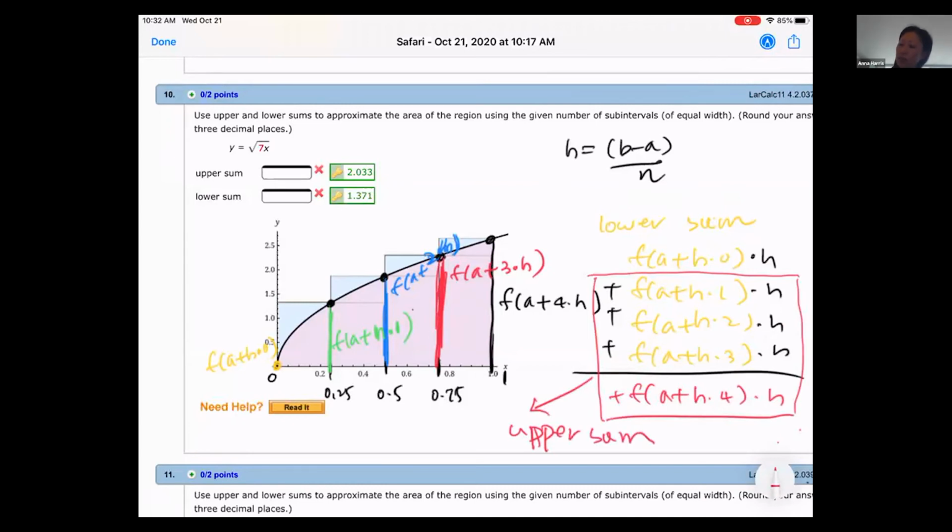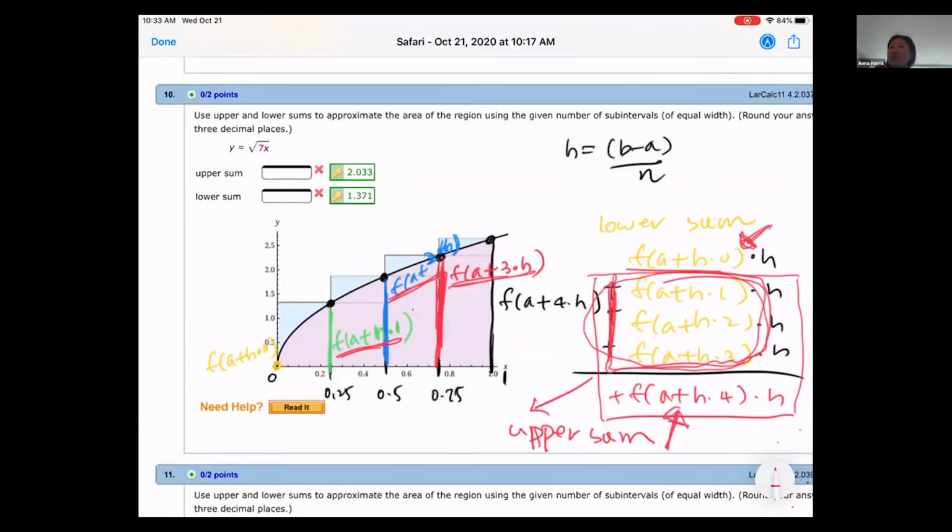So as you can see, this part, that part, and this part, these 3 parts are used in both the lower sum and the upper sum. These 3 are common, and you're going to use them because they're in the middle. So the lower sum has this plus the middle part. The upper sum has what? The middle part plus what? The last one.